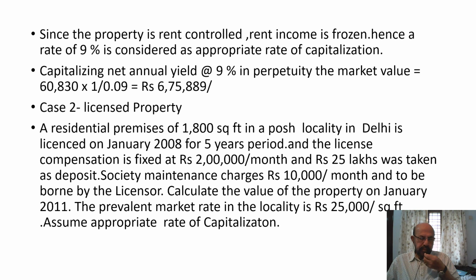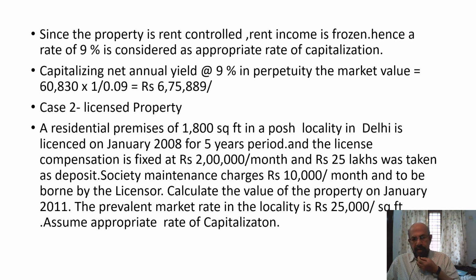Case 2. Licensed property. A residential premises of 1,800 square foot in a posh locality in Delhi is licensed in January 2008 for a 5 year period and the license compensation is fixed as rupees 2 lakhs per month and rupees 25 lakhs was taken as deposit.